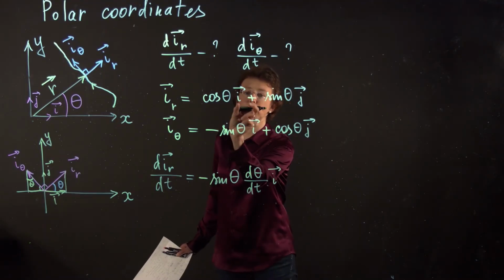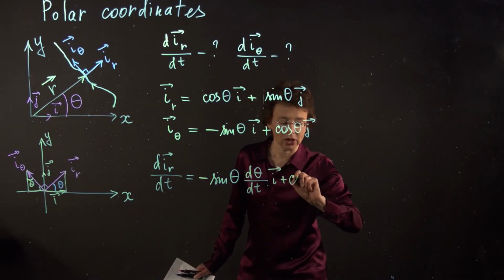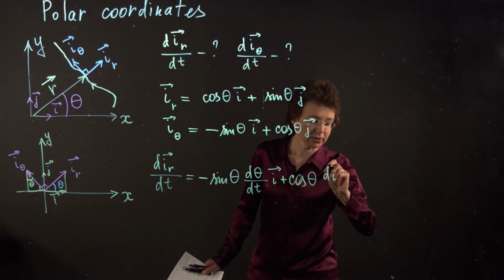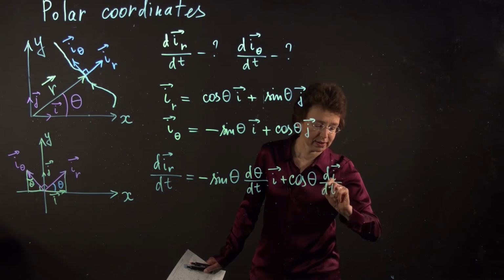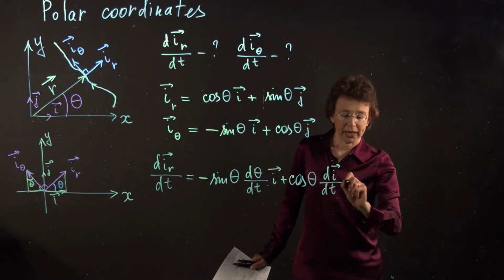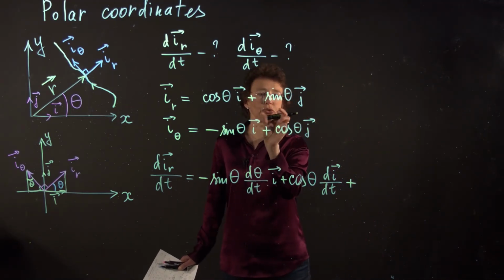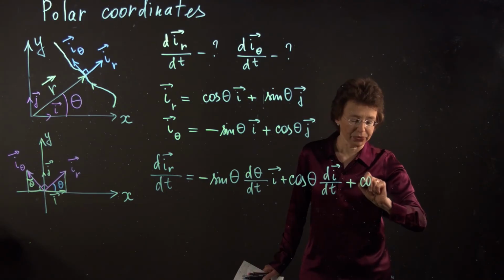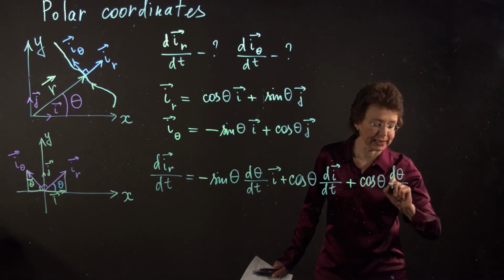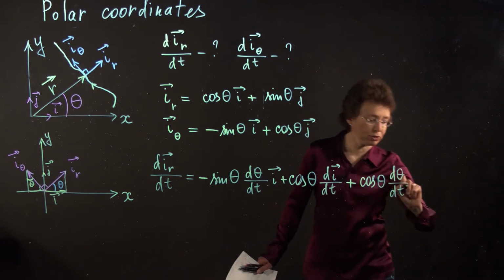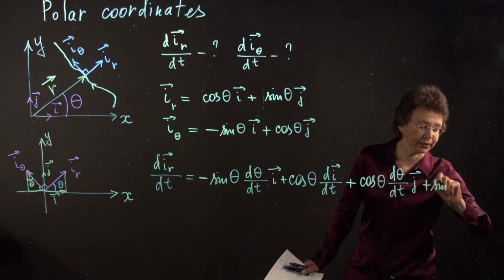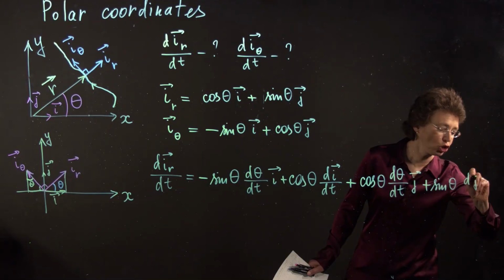Now I use the product rule, so I write plus cosine theta di/dt. We are done with the first guy. What is the derivative of the second guy? I again use the product rule. The derivative of sine theta is cosine theta. The chain rule gives me d theta/dt times j, and then I use the product rule, so plus sine theta dj/dt.